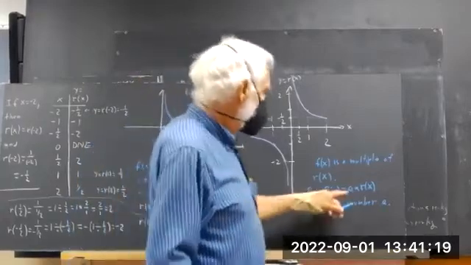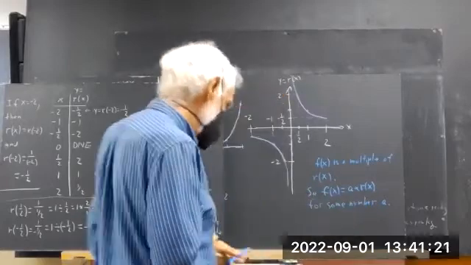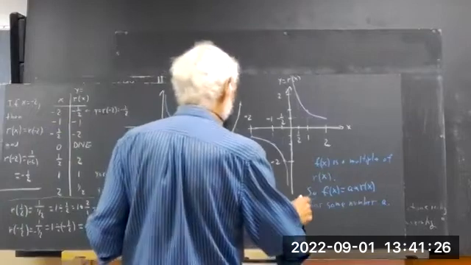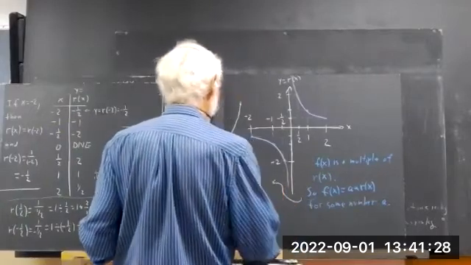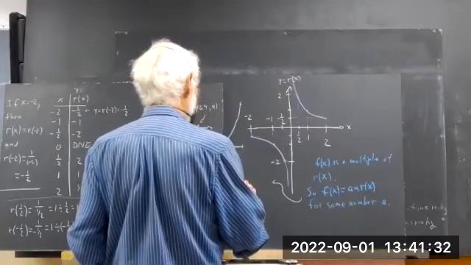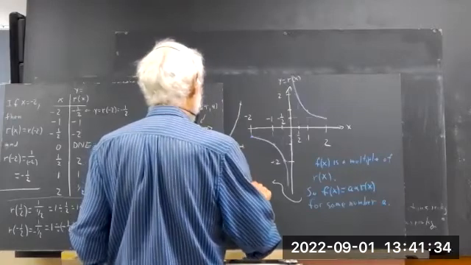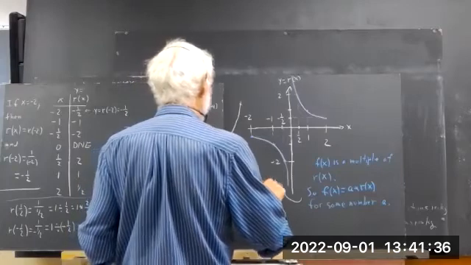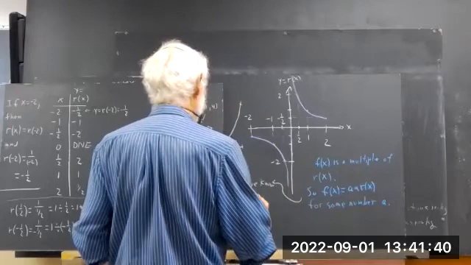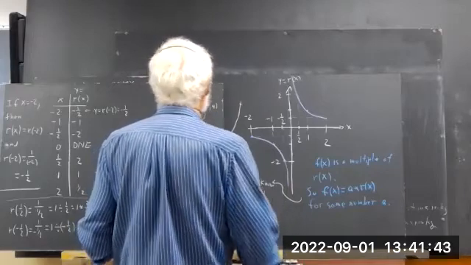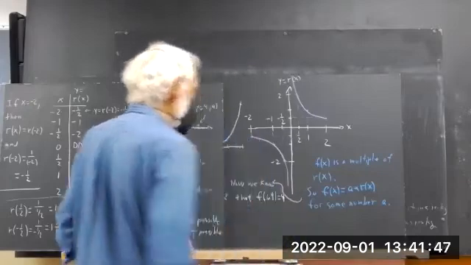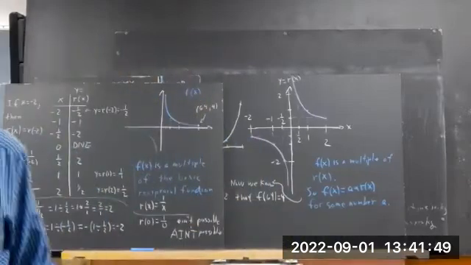Okay. If f of x equals a times R of x, well, we know that f of 64 is 4, right?